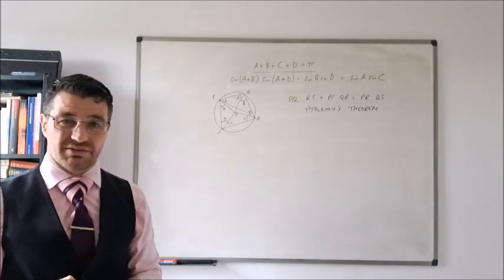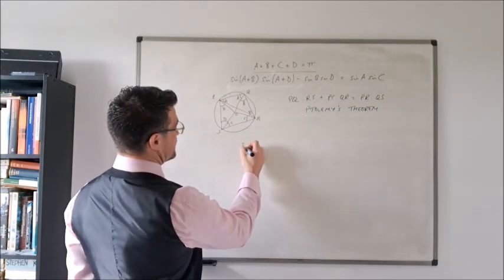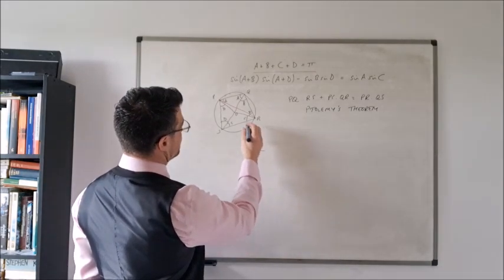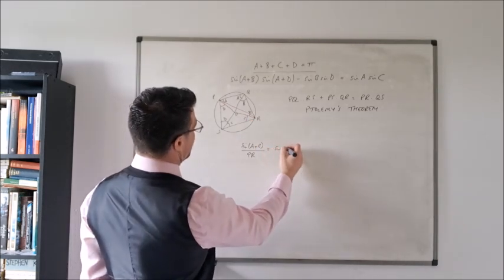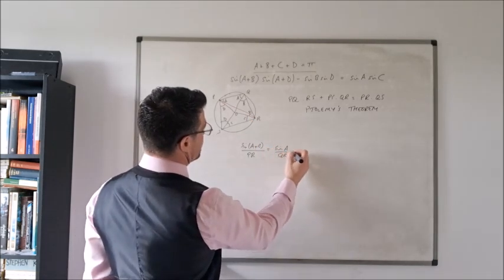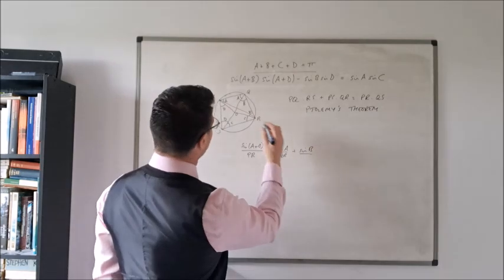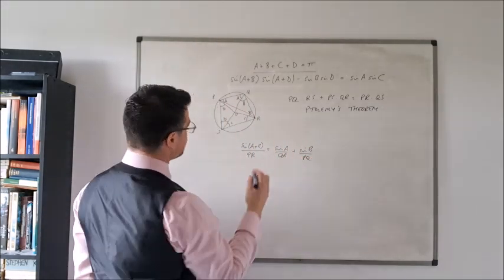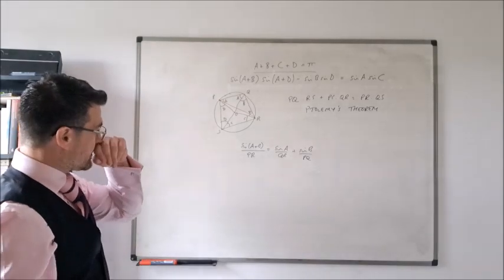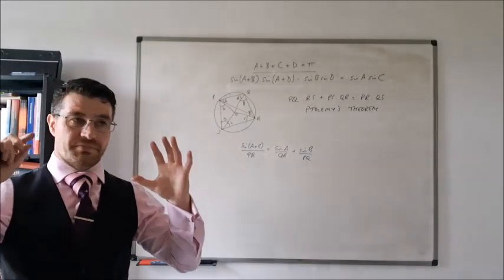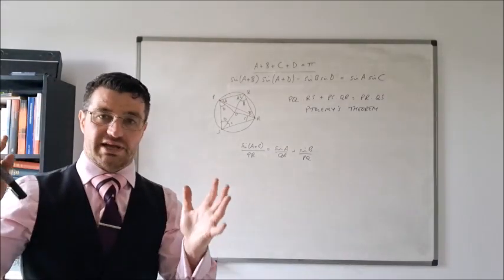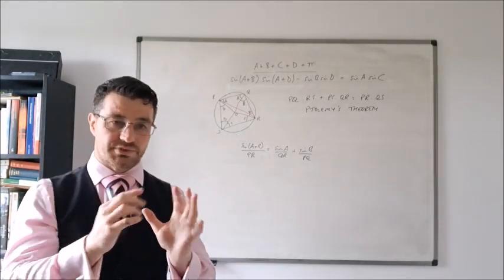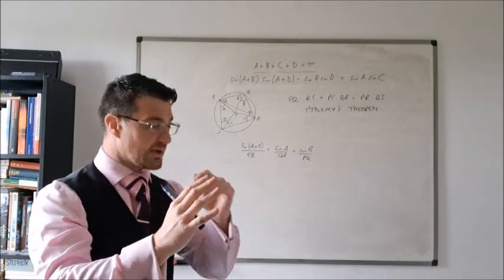But it's not as simple as saying, oh, sine of A plus B over PR is equal to sine A over QR plus sine B over PQ, for example. Naively, this was the direction that I was going in.